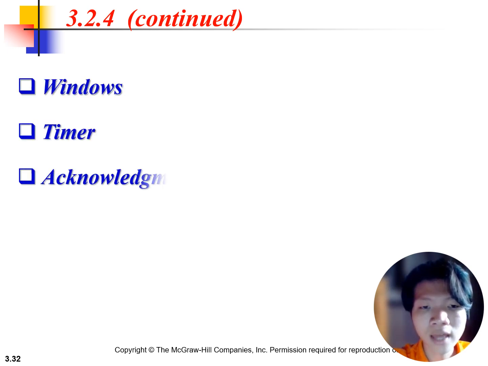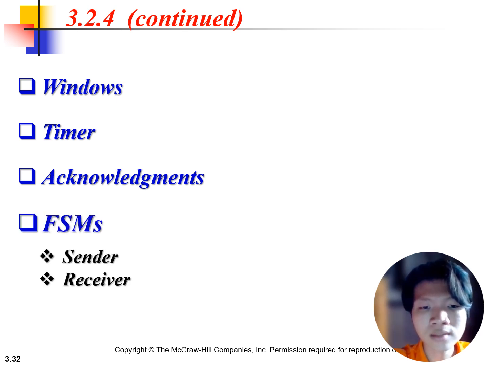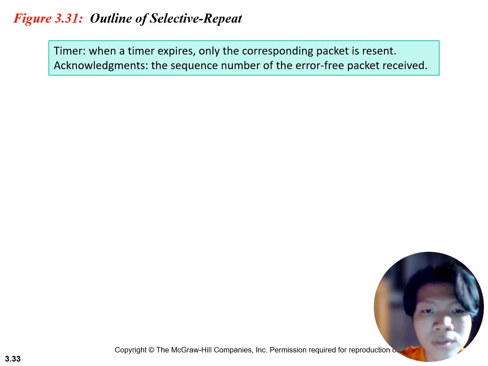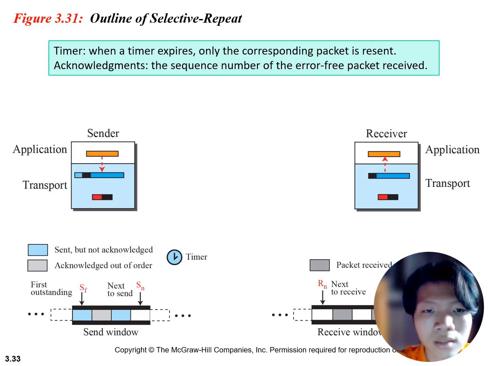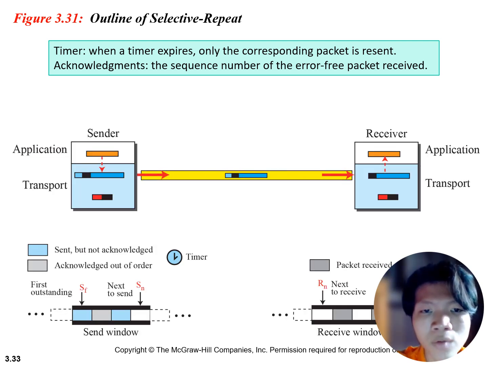Windows, timer, acknowledgements, FSMs, sender, receiver. This is the outline of Selective Repeat. Timer: when a timer expires, only the corresponding packet is resent.